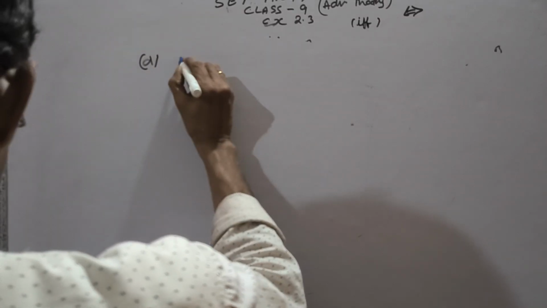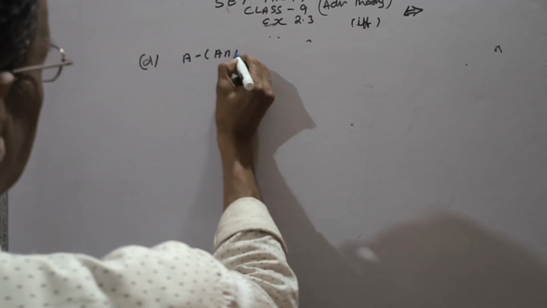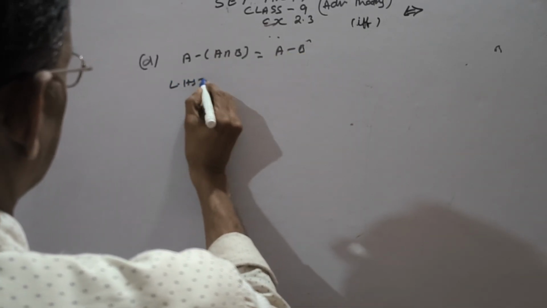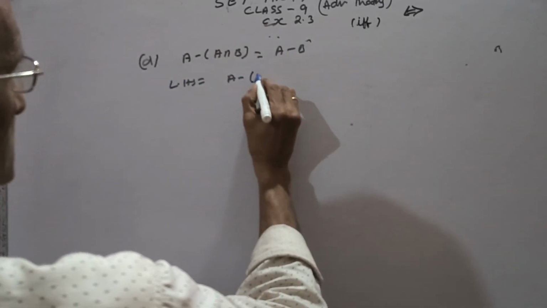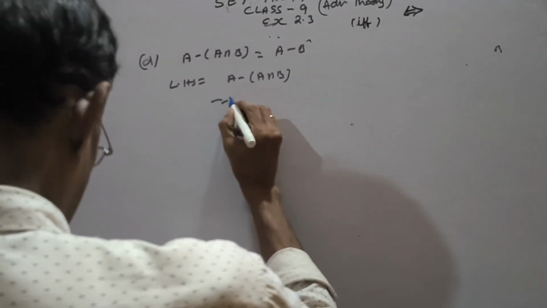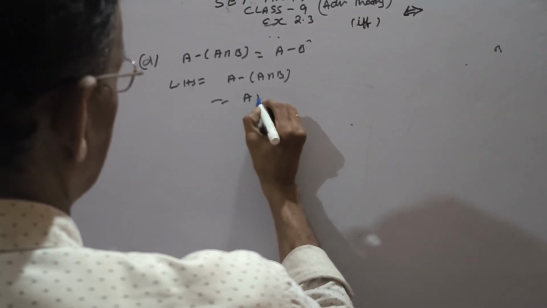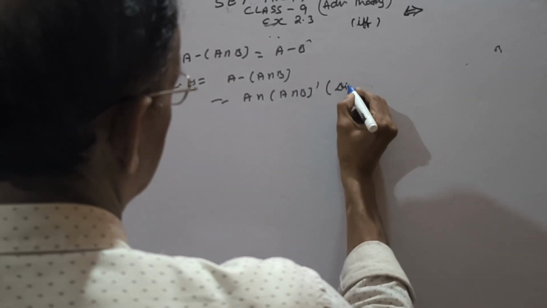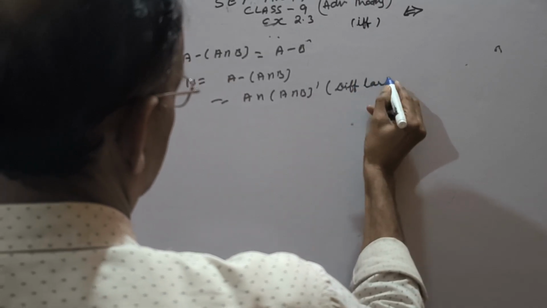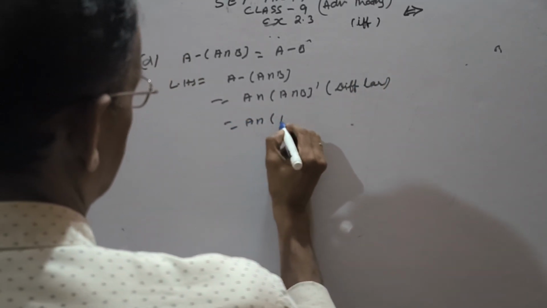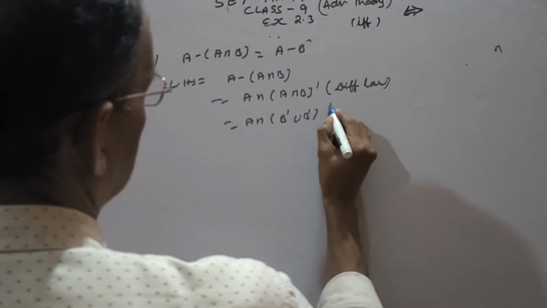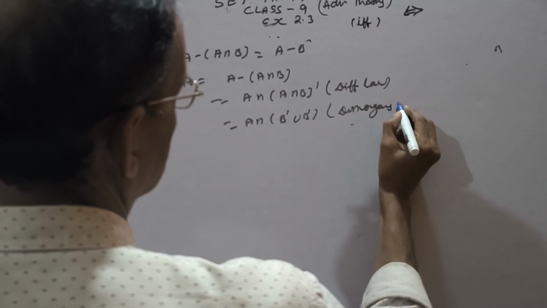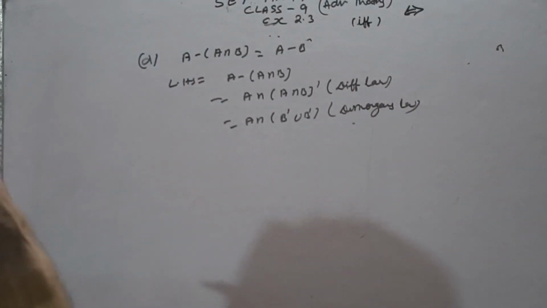A minus (A intersection B) equal to A minus B. Again take the left hand side: A minus (A intersection B). What can be written as A intersection (A intersection B) whole complement. This is the difference law. Then A intersection (A complement union B complement), De Morgan's law. Now we are familiar with De Morgan's law.